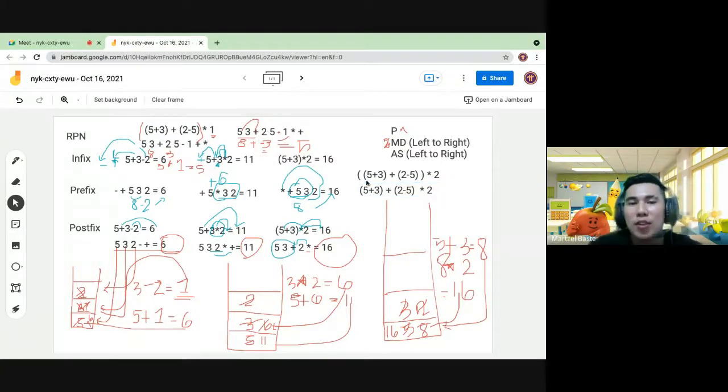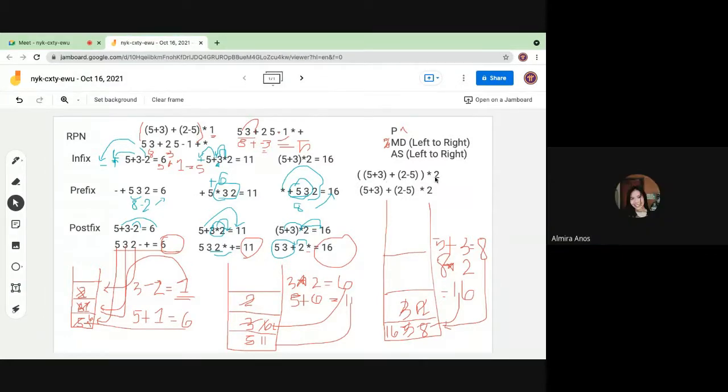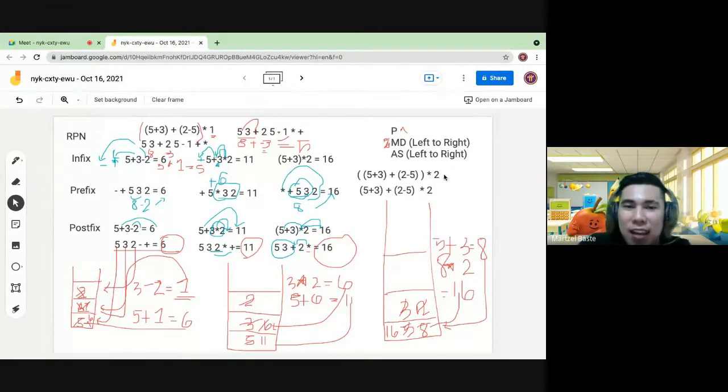O kana, pila result aning isa? Pila result ani? Sa 10. Asa ang 10? Kadali. Pila ba na? 5 plus 3, 8.